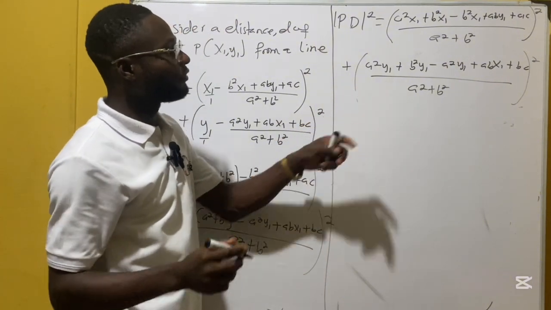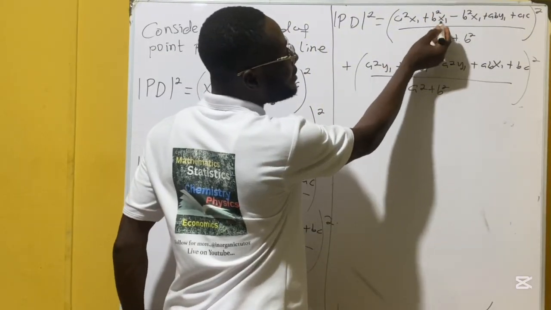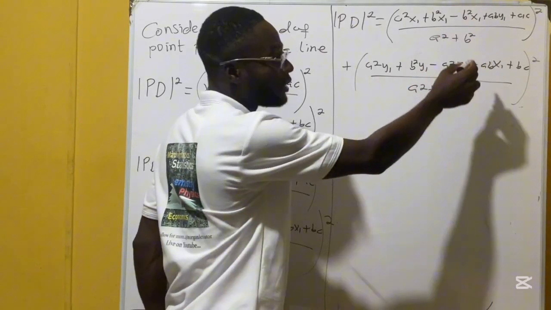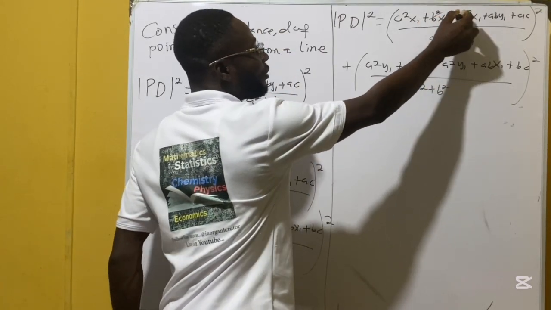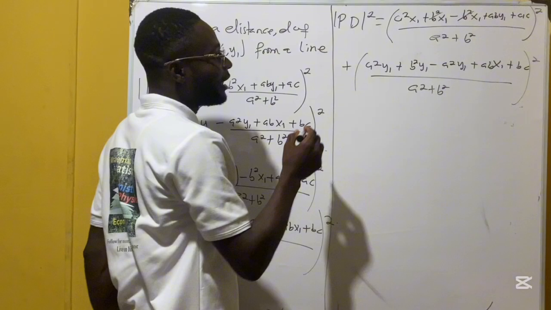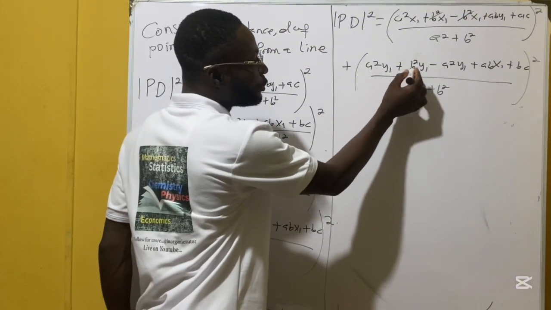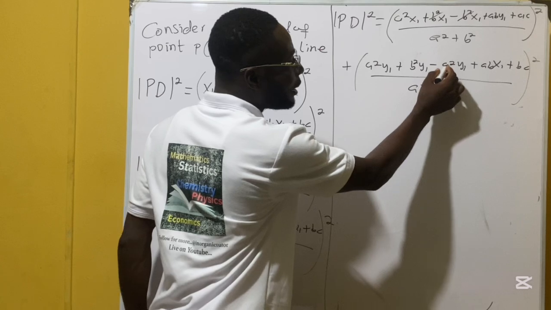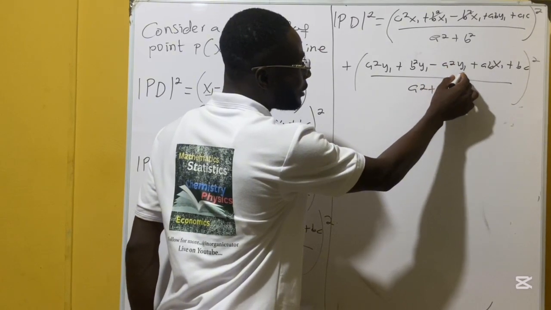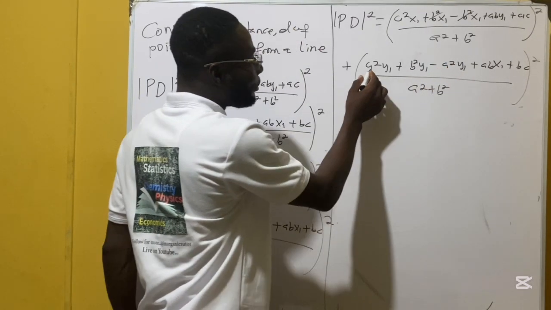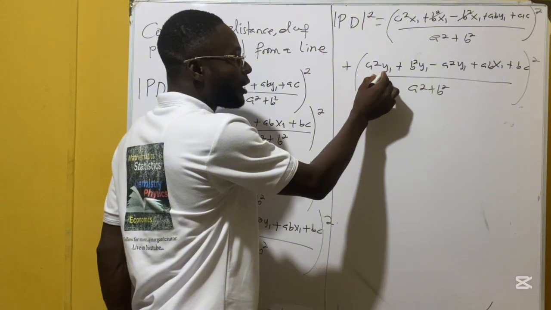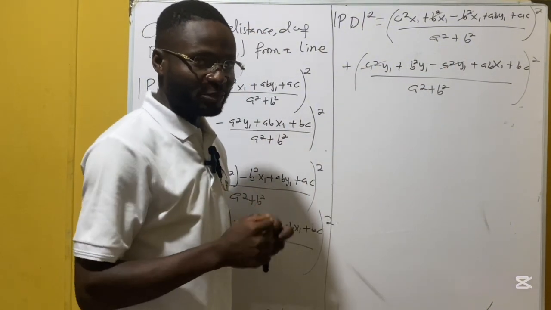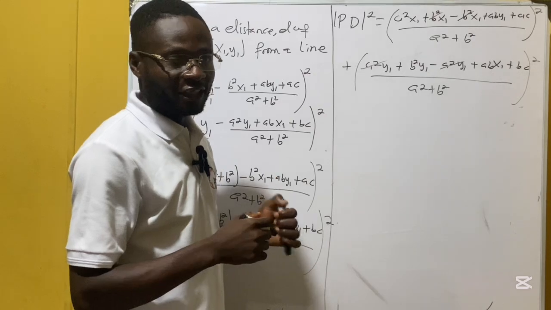So we have here, this B squared x1 and minus B squared x1, this can cancel out, and over here we have B squared y1 minus A squared y1, and then positive A squared y1 can go off, right? So we simplify the information that we have.